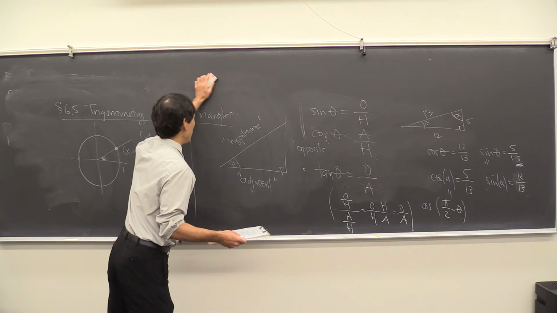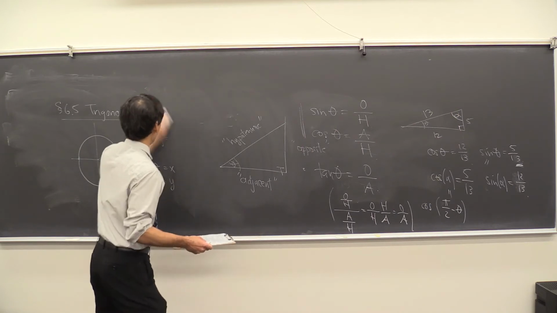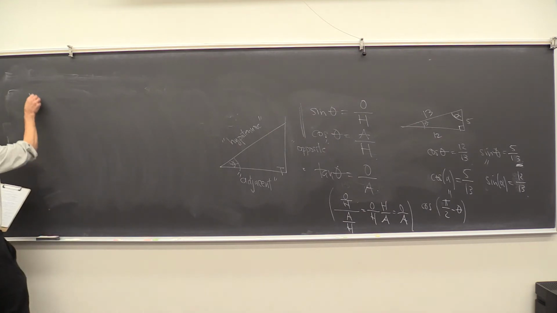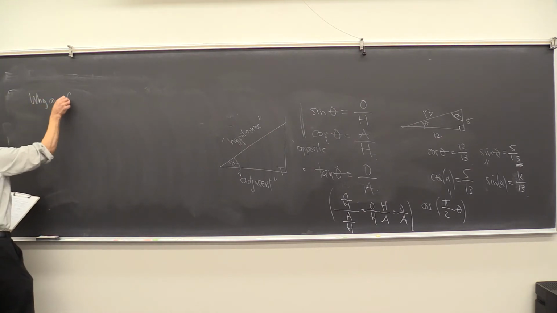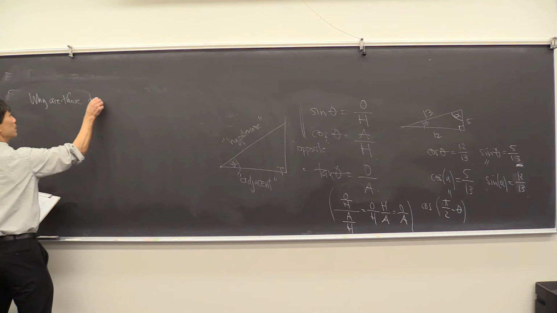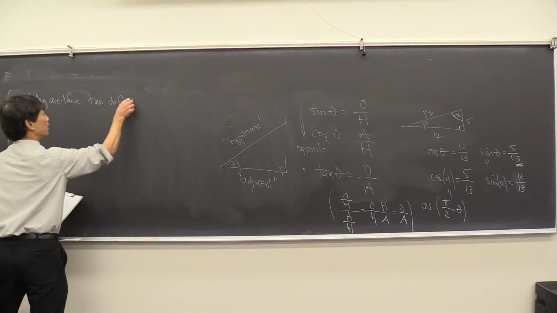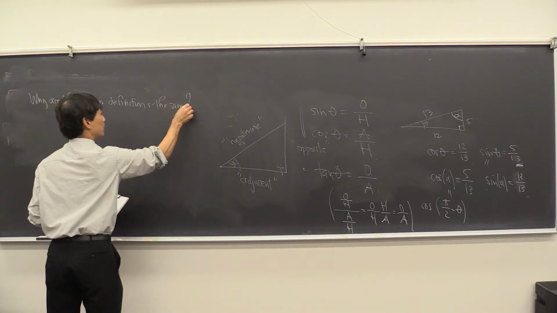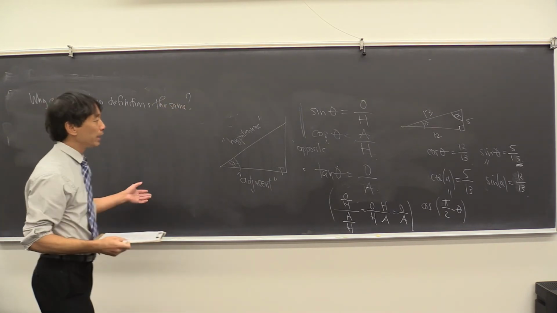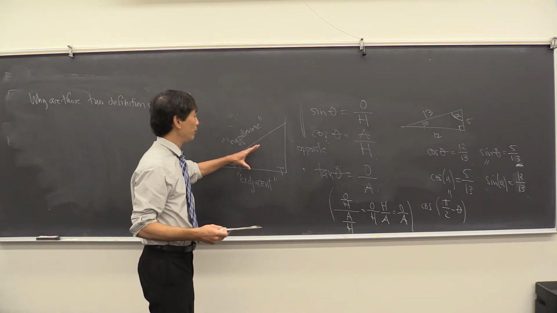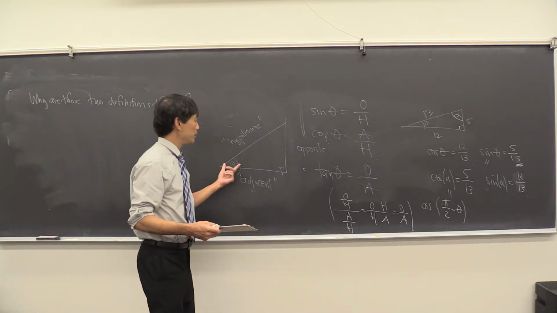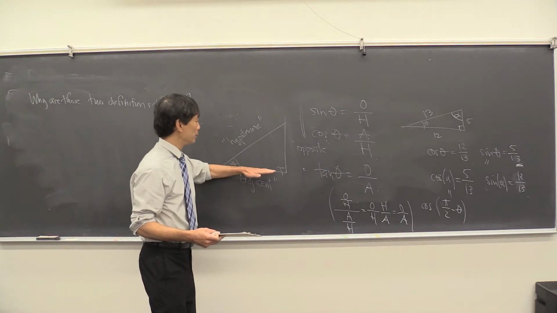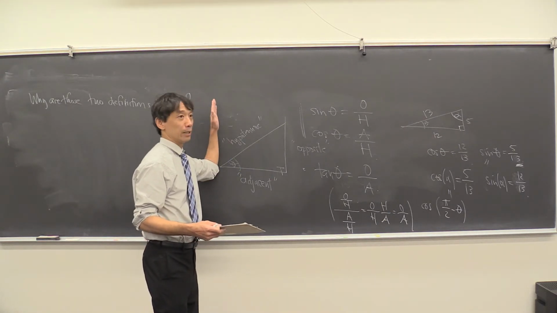Let me say why those two definitions are the same. Actually, before I get into that, this only allows us to define the cosine for angles between 0 and 90 degrees.